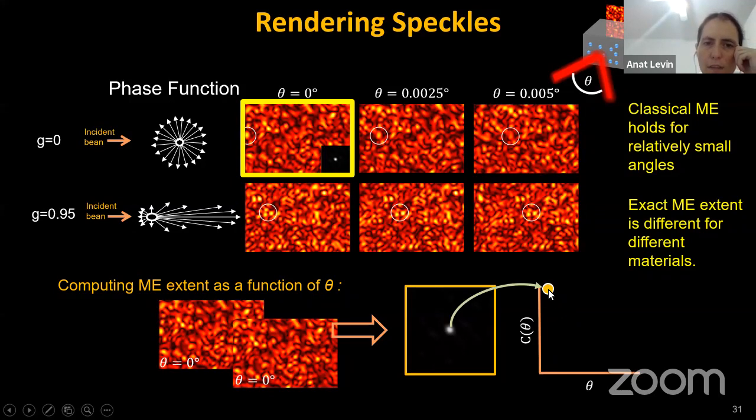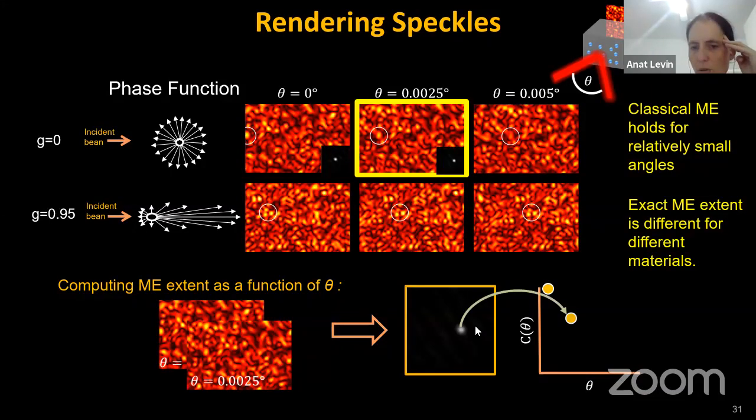Now let's take the first image and correlate it with the second image. Now the correlation again has a strong peak, but the peak shifted a bit from the center because there is some shift between this image and this one. And also the peak is slightly weaker now because the correlation is not perfect.